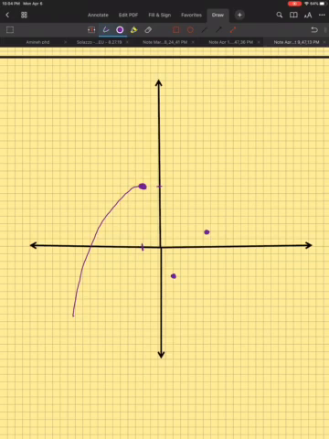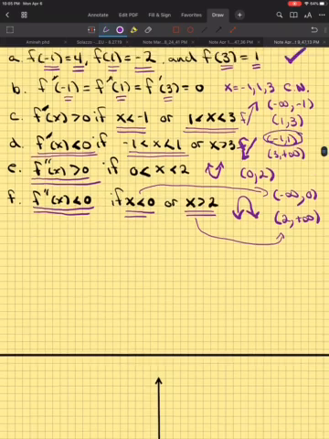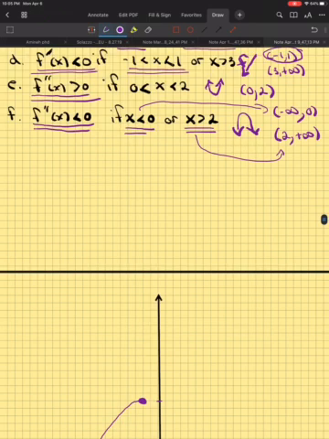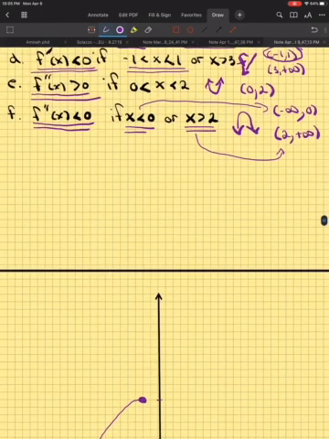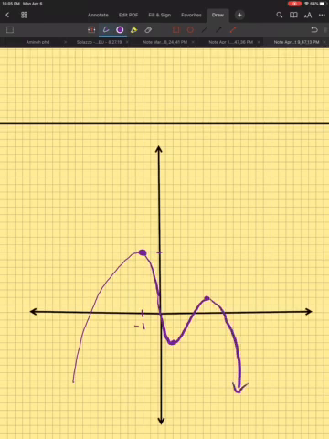And then notice right when I get to negative 1, now the derivative is less than 0, and between negative 1 and 1, the function is decreasing, and it's still going to be concave down until I get to 0. So I'm going to come down here, I'm concave down, and then all of a sudden right here I become concave up.